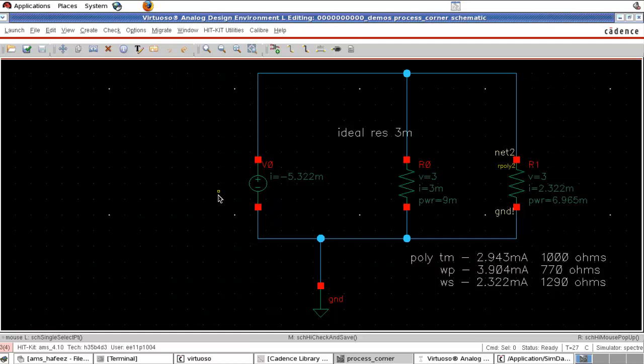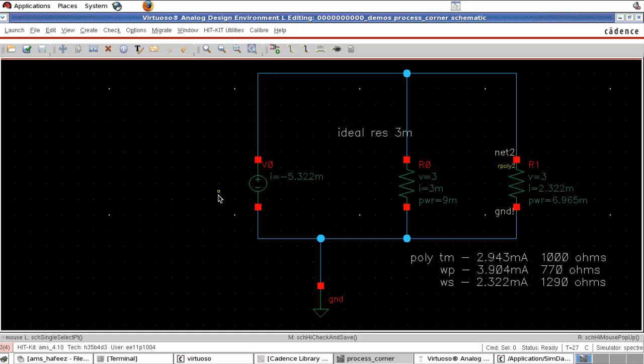In the worst speed corner, that means the maximum resistance corner, the current decreased to 2.32 milliampere. That means the effective resistance value at this corner is 1290 ohms.